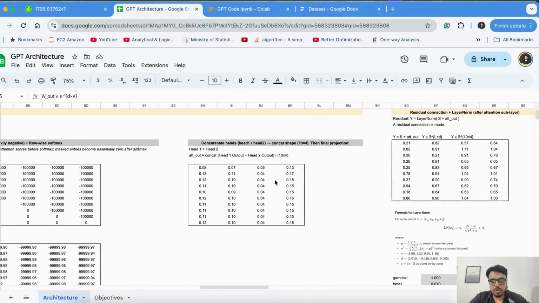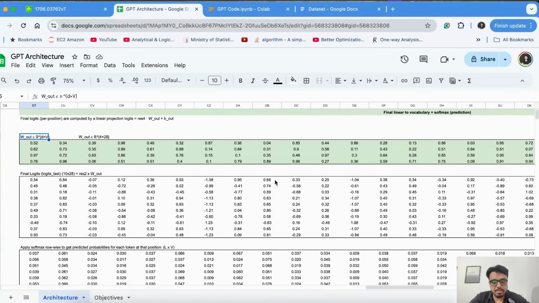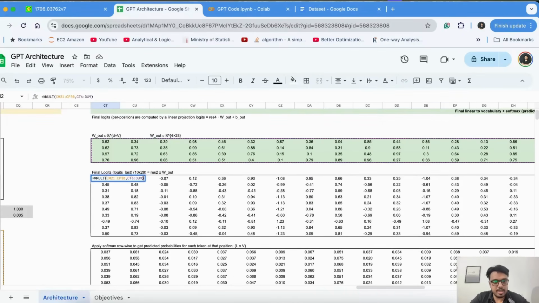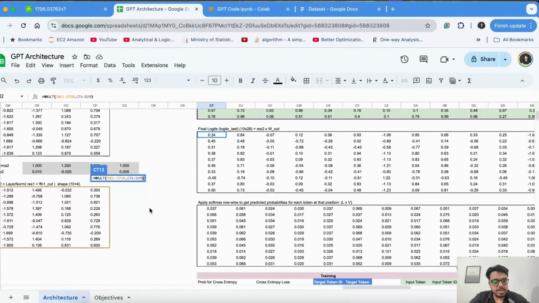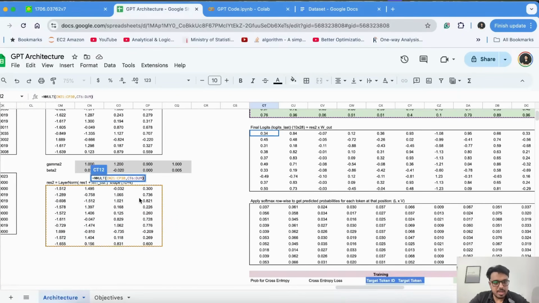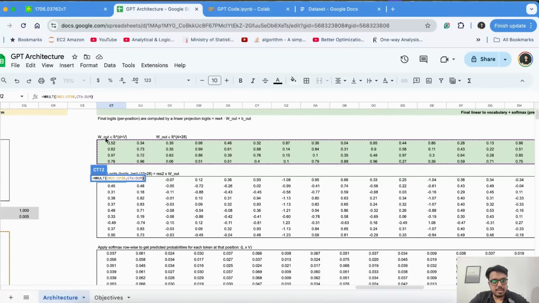So a 4 cross 28 matrix is what we will define, and the final logits are calculated as the matrix multiplication of the output from the last layer with the W out matrix that we just defined. This gives me a matrix of dimension 10 cross 28.